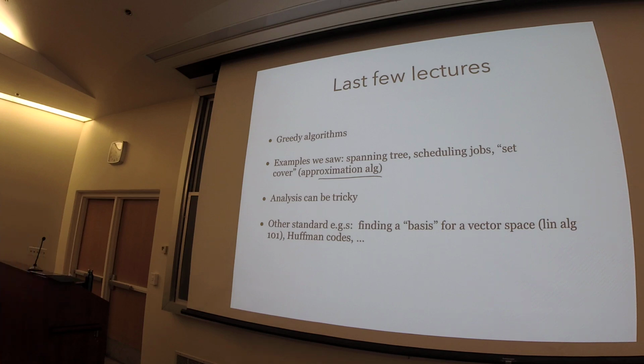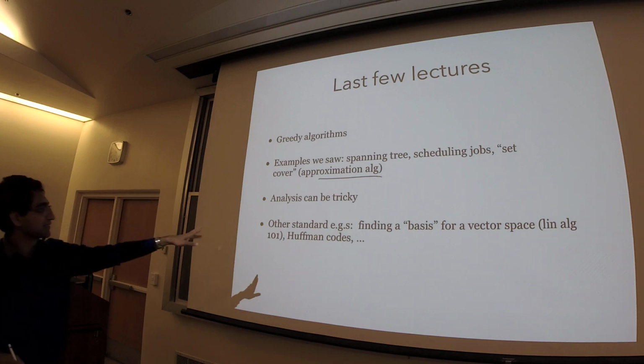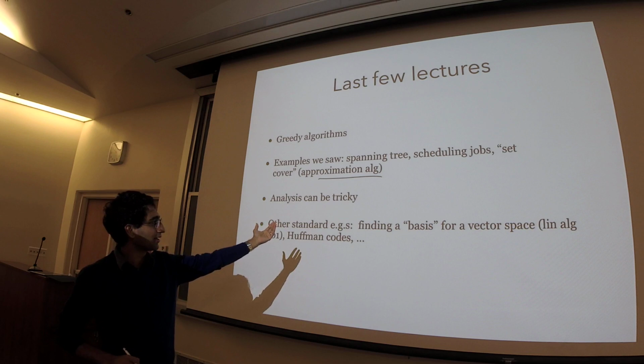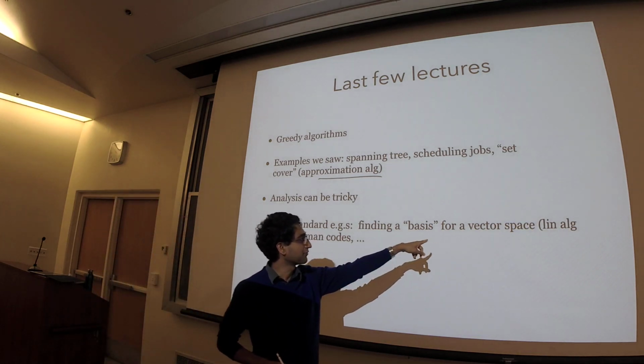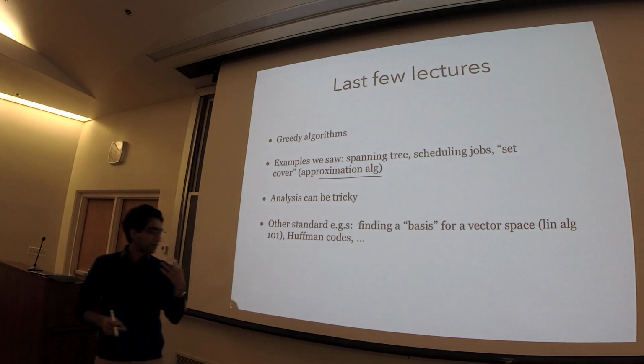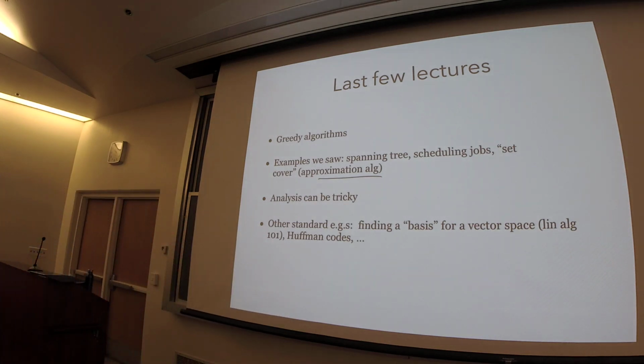I did want to mention a couple of other standard examples of greedy algorithms. One is finding the basis of a vector space. Maybe all of you remember this basic thing from linear algebra 101. How many of you remember what a basis is for a vector space?